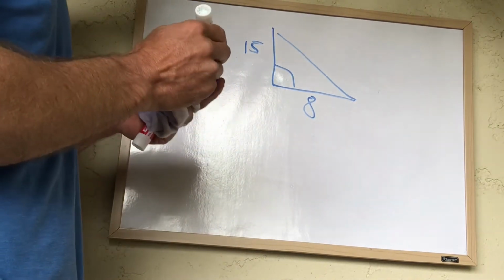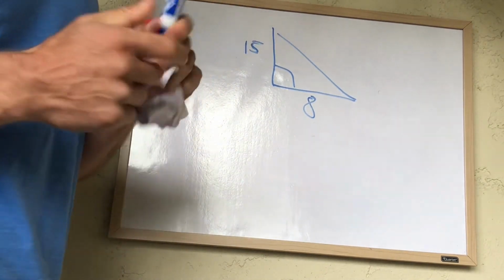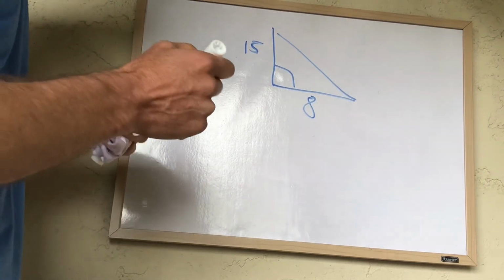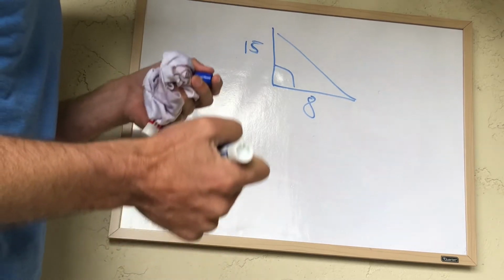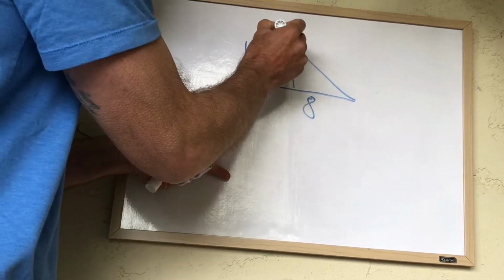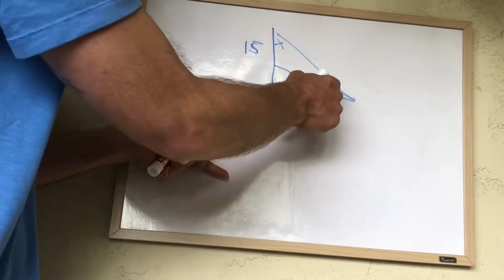Remember when you were studying triangles in IM1, the smaller angle is across from the smaller side. So this is your smaller angle right here, not this one.